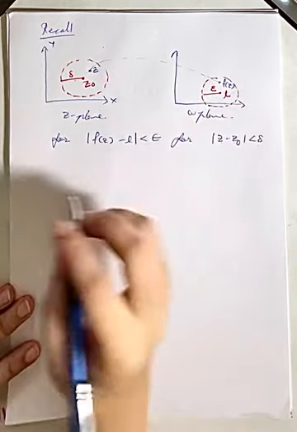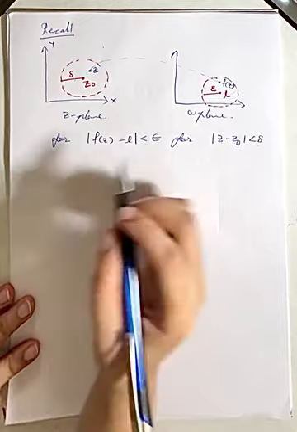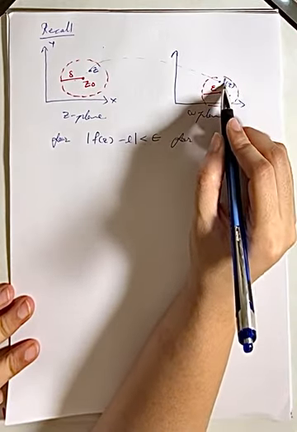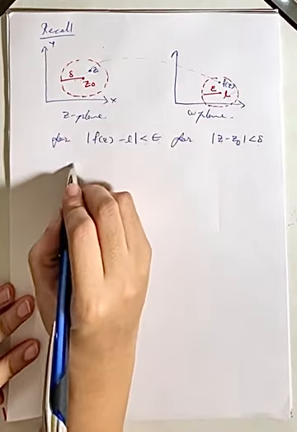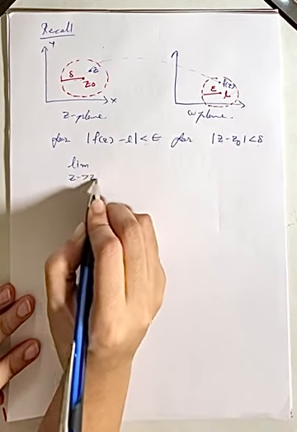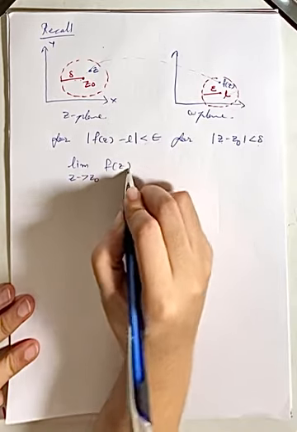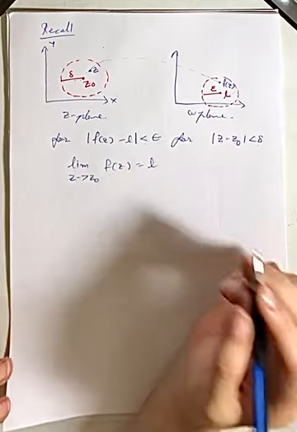So if this happens, then we say that the limit exists: f of z will tend to L when z tends to z0. This is how we define the limit.